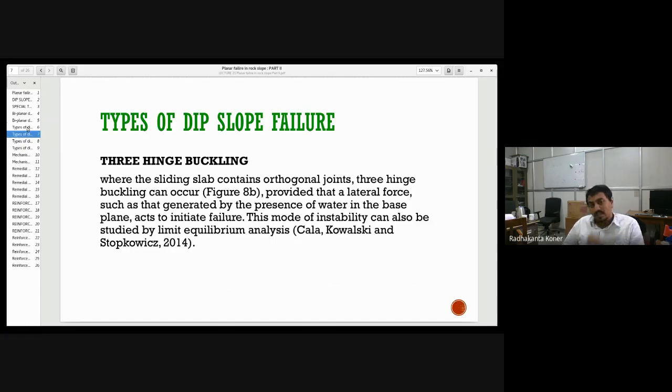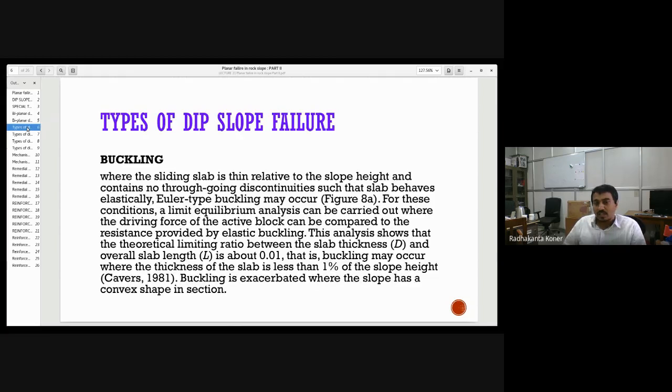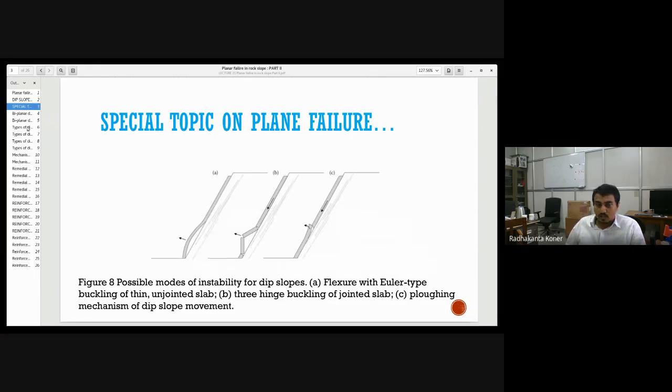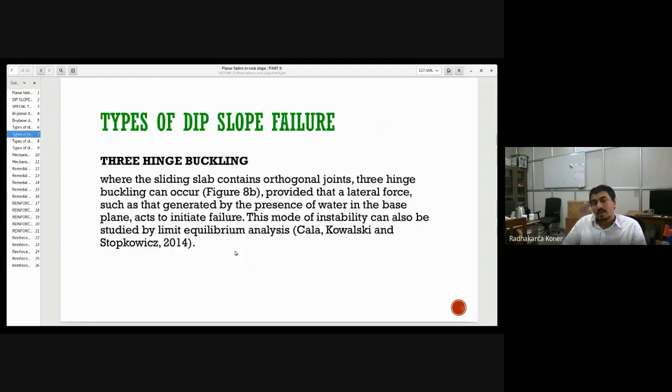The second one is three-hinge buckling. If you see the earlier picture, this is the B picture: zone 1, zone 2, zone 3. This is from Kala et al., 2014. Kala is very much an expert in slope stability. This is a very recent study, and it is a reality for an orthogonal joint set, where the joints are oriented perpendicular to each other.